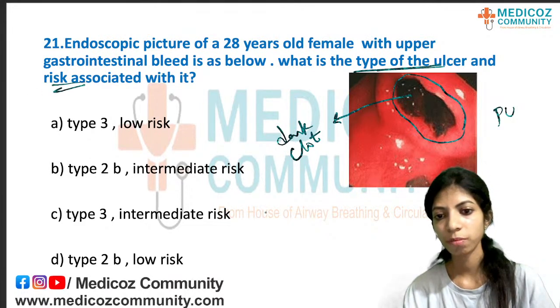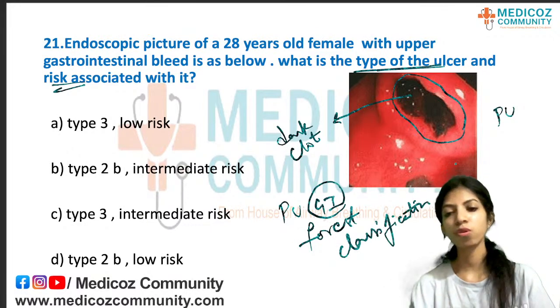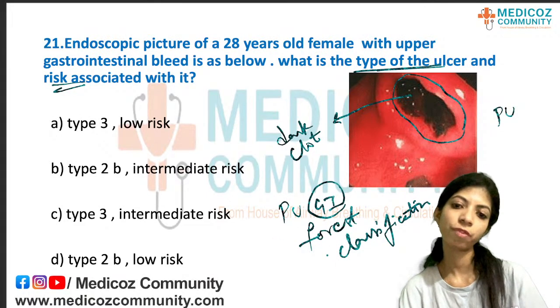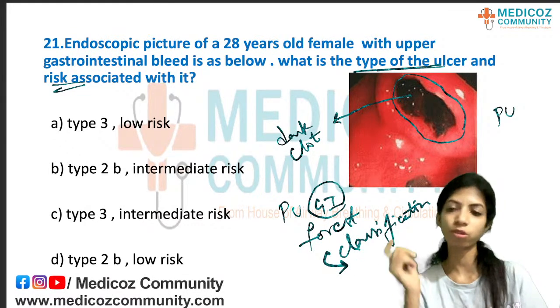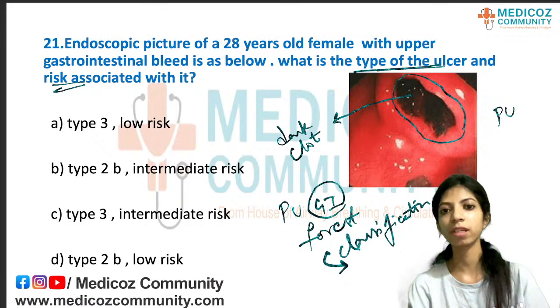So this peptic ulcer upper GI bleed is classified by the Forrest classification. There are three classifications we have seen in today's session. Forrest classification is to assess rebleeding. You'll do the endoscopy, see the ulcer, and assess whether it's going to rebleed or not.